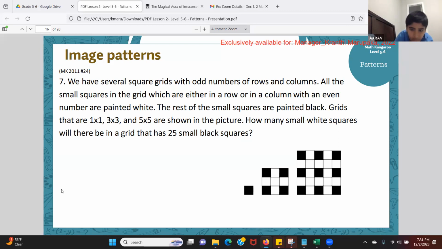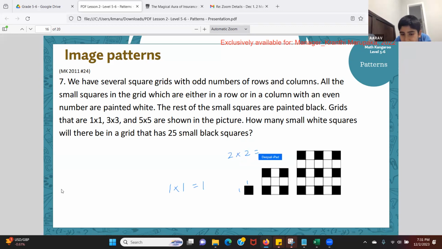So the way that I would approach this is, first there's a 1x1 square. Wait, can someone annotate for me, please? Yeah, I can annotate. Okay, so for the 1x1 square, there would be 1 times 1, which is 1 black square. And for the 3x3 square, there would be 2 times 2, which is 4 black squares.